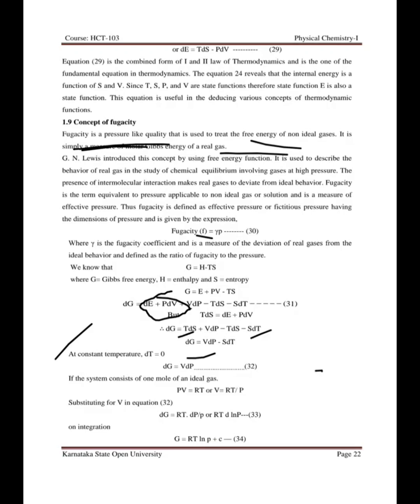So if we keep the temperature constant, this SdT will be 0, and further it can be written as delta G is equal to VdP. That is the equation 32.